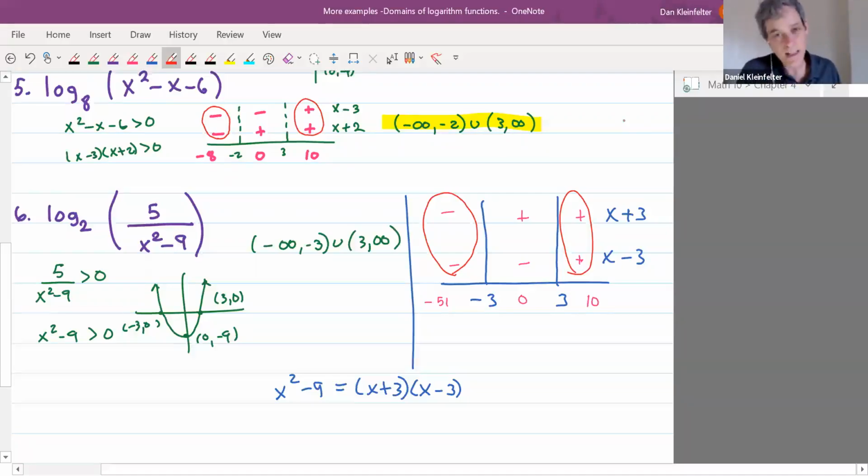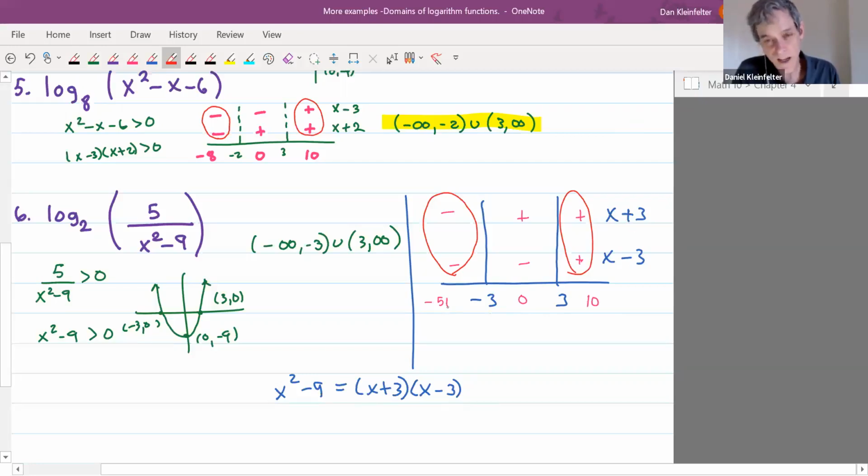All right, so this is how the sign chart way works out. I chose test values of -5, 0, and 10. The x squared minus 9 factored as x plus 3, x minus 3. So I drew a number line and put the zeros of those two factors on the number line, -3 and 3. I wrote the two factors, x plus 3 and x minus 3.